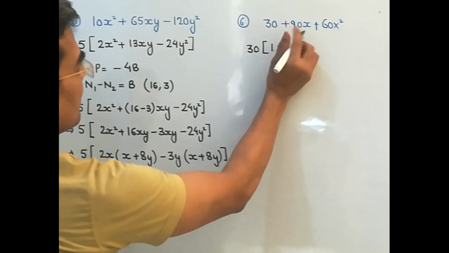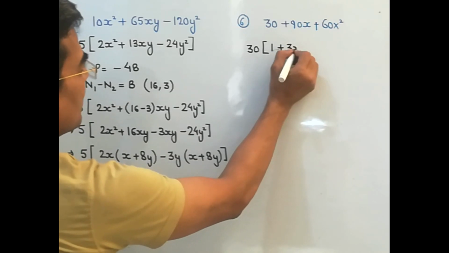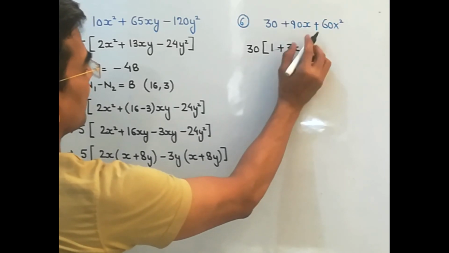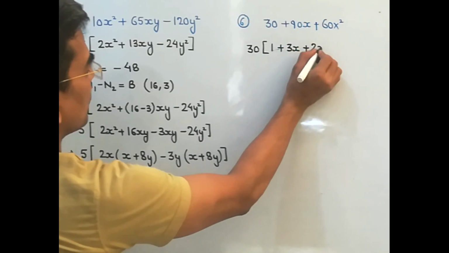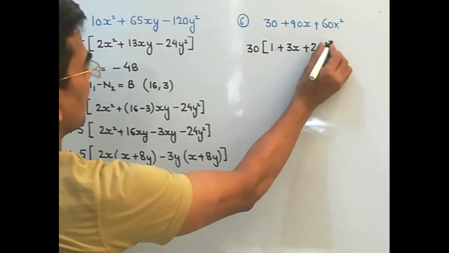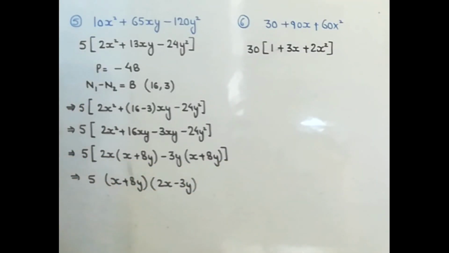Here you are left with 3x, and here you are left with 2x. So here you can see in question number 6, 30 can be taken common. So we have taken 30 common. So we are left with 1 plus 3x plus 2x square.